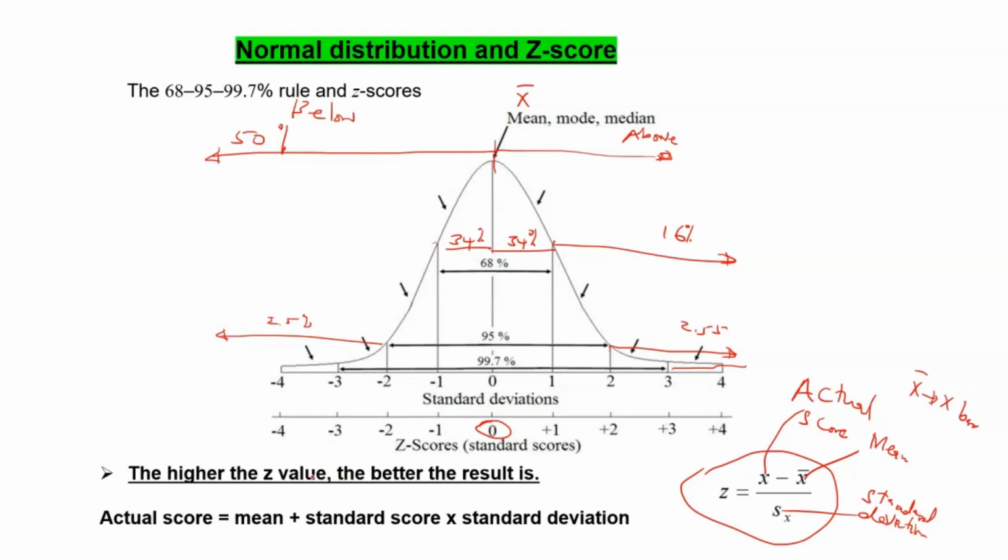The higher the z value, the better the result is. The actual score, which is the x value, equals the mean, which is the average, plus the standard score times z.